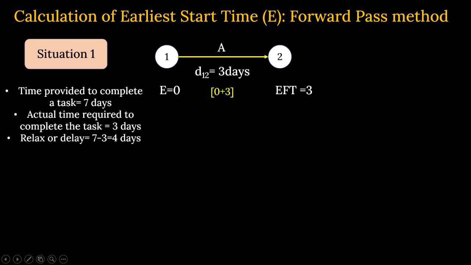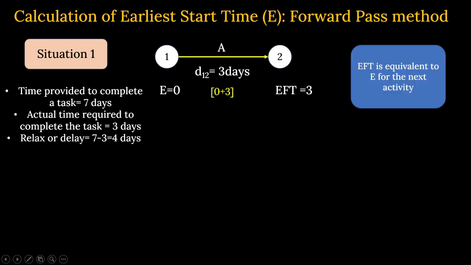You got my point? You have started on day 0, and 3 days is the actual time, so your earliest finish time is 3 days. You are moving forward. So the earliest finish time is equivalent to the E for the next activity. Now remember that this earliest finish time is not the earliest finish time of a node, because a node does not consume any resource or time.